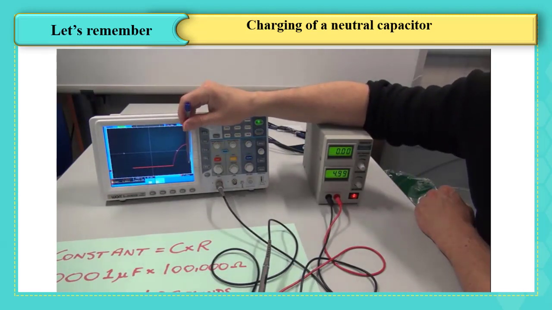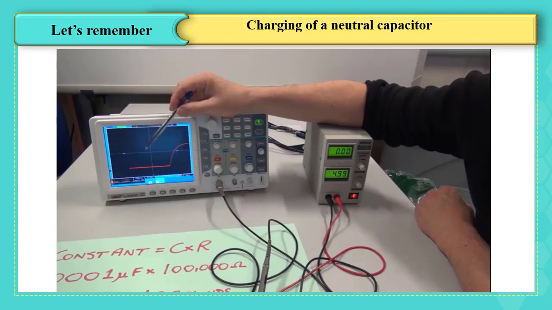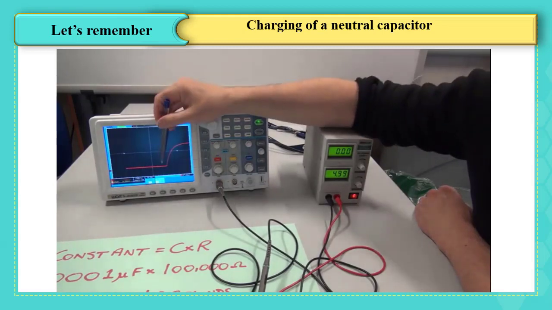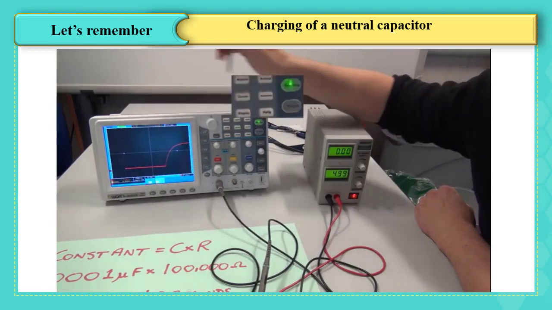So at this point we've done 3, 3.5, coming up to 4. And we're going to press the run stop button when we reach 5, that's this point here.